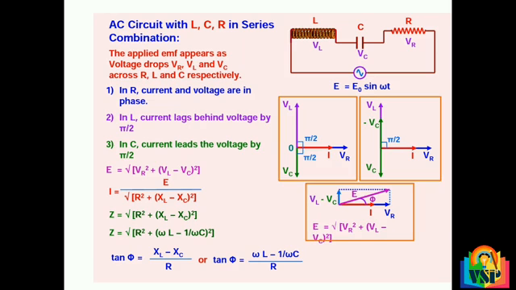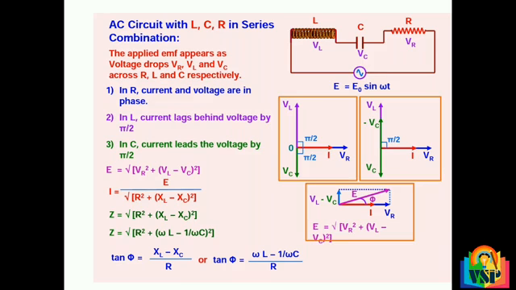Let it be represented by I is equal to I naught sin omega t. However, the voltage across each element bears a different phase relationship with the current.